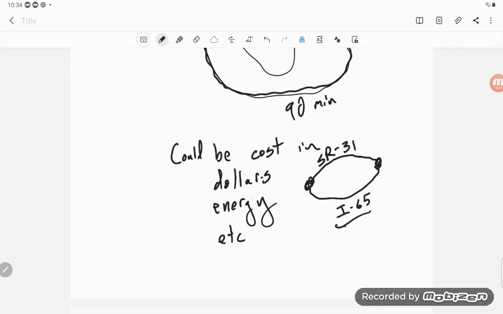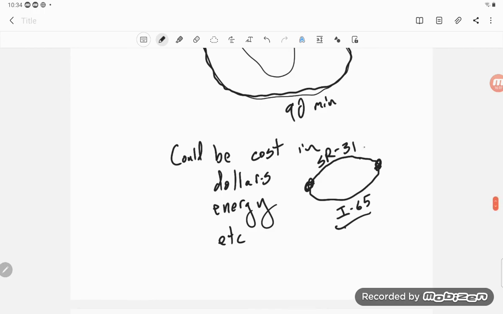But if you start looking at dollars or energy because of fuel costs, State Route 31 might be cheaper because you're going slower, so you have a little better fuel economy. And so you see, this idea of distance is not straightforward. I mean, it's straightforward in the idea it's some sort of cost for getting from one point to another.